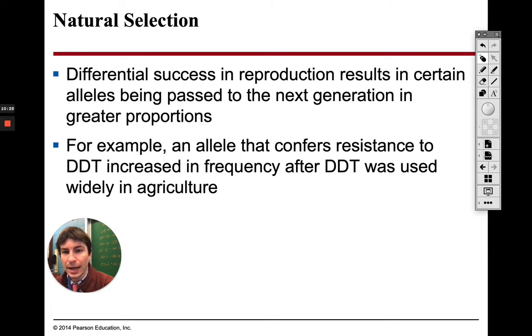Now, what happened was the allele that confers resistance to DDT actually increased in the population of insects. So the DDT was actually ineffective to kill these bugs, which, yeah, that's bad for us at least. For the bugs, that was good.